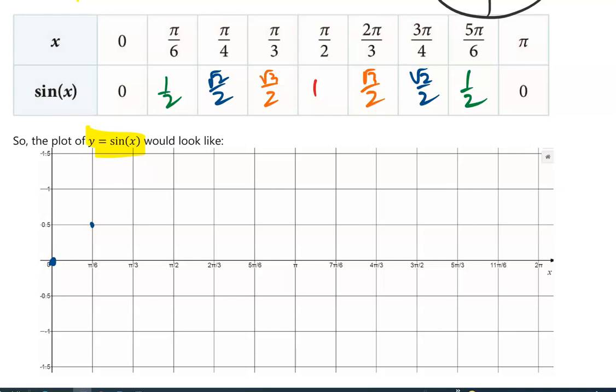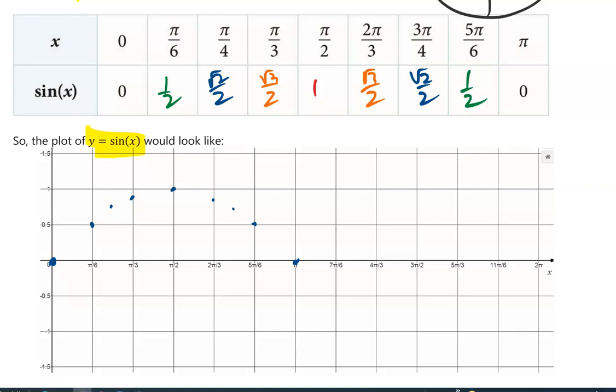Pi over 4 is square root of 2 over 2, somewhere here. Then pi over 3 is square root of 3 over 2. Then pi over 2 is 1. 2 pi over 3 is square root of 3 over 2. 3 pi over 4 is square root of 2 over 2. 5 pi over 6 is 1/2, and pi is 0.